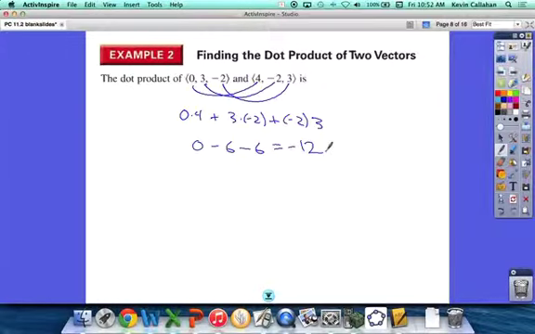So just like when we did it in 2 dimensions, if you take the dot product, the result is a scalar, right? It's not another vector, it's a scalar.